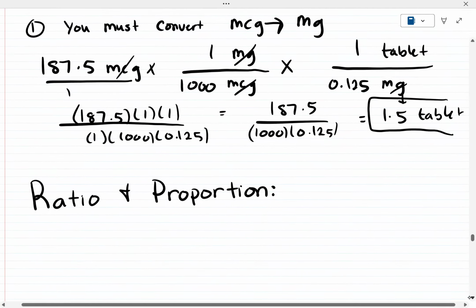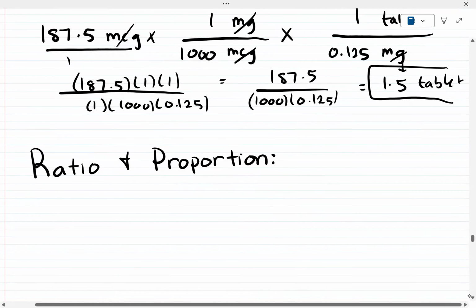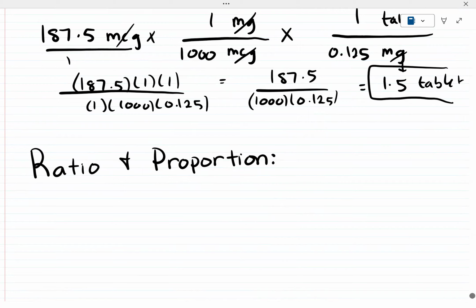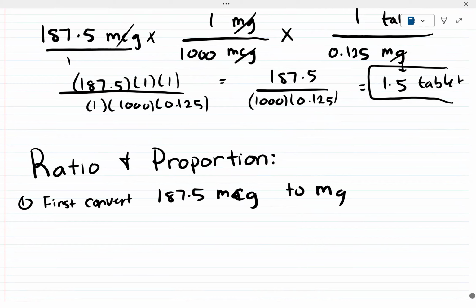Okay, ratio and proportion. Before you set your ratio and proportion, you gotta first convert 187.5 mcg to mg. So let's do that real quick. 187.5 mcg times a fraction with mcg on the bottom and mg on the top.